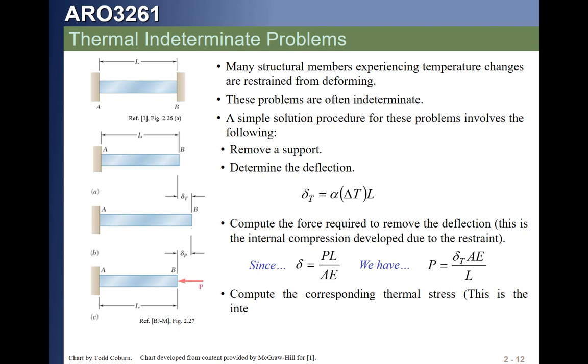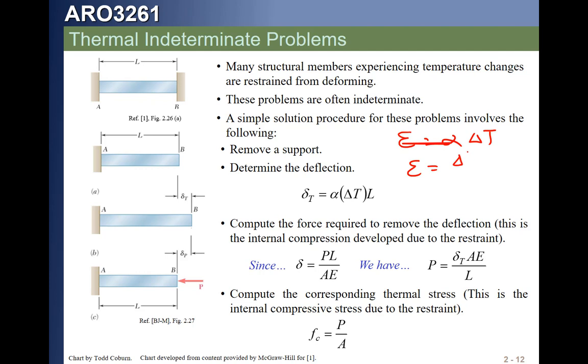Okay, now this brings us to an interesting idea that I could have mentioned on the last slide. We know that the thermal strain is alpha delta T, and we could also say it's the change in length over length.